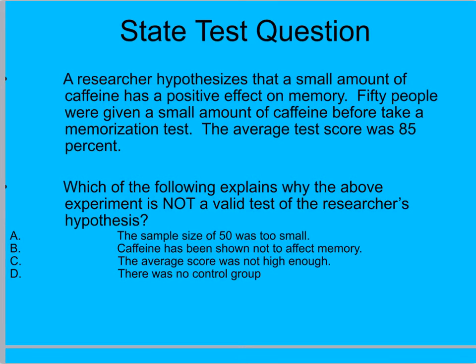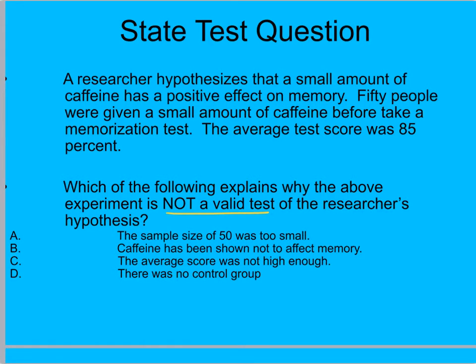A researcher hypothesizes that a small amount of caffeine has a positive effect on memory. 50 people were given a small amount of caffeine before taking a memorization test. The average test score was 85%. Which of the following explains why the above experiment is not a valid test of the researcher's hypothesis?